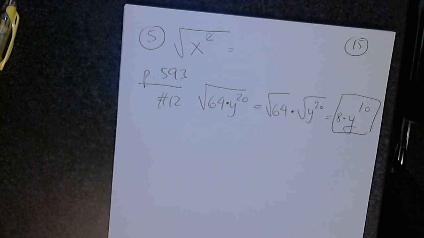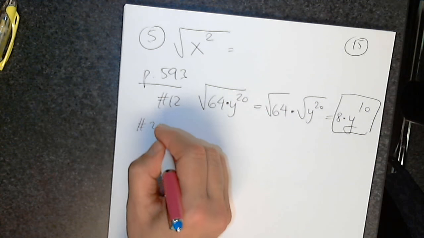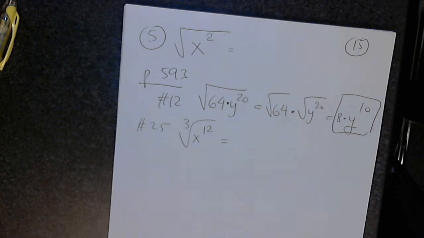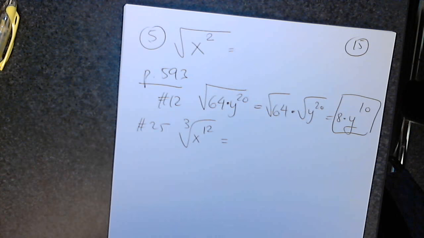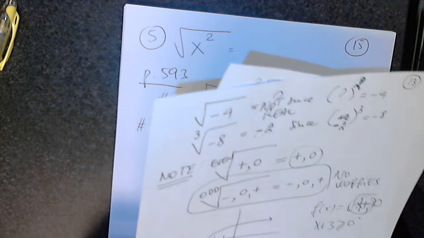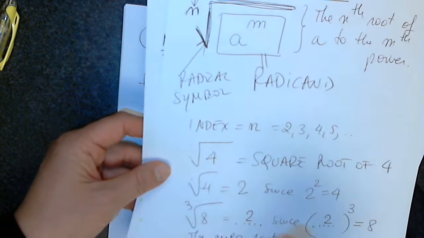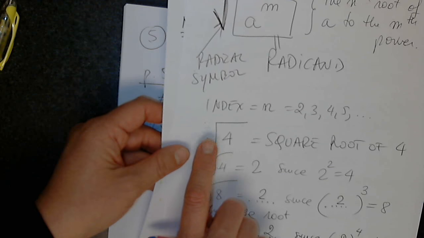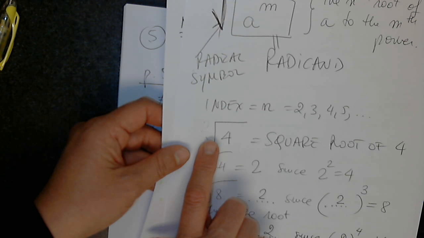Perfect. What about 25? The cube root of x to the 12th. I only have one rule. Yes. So if there's no index, do you assume it's 2? Yes. So when we looked at the square root of 4, I mentioned that this is the only one that by convention is not written.